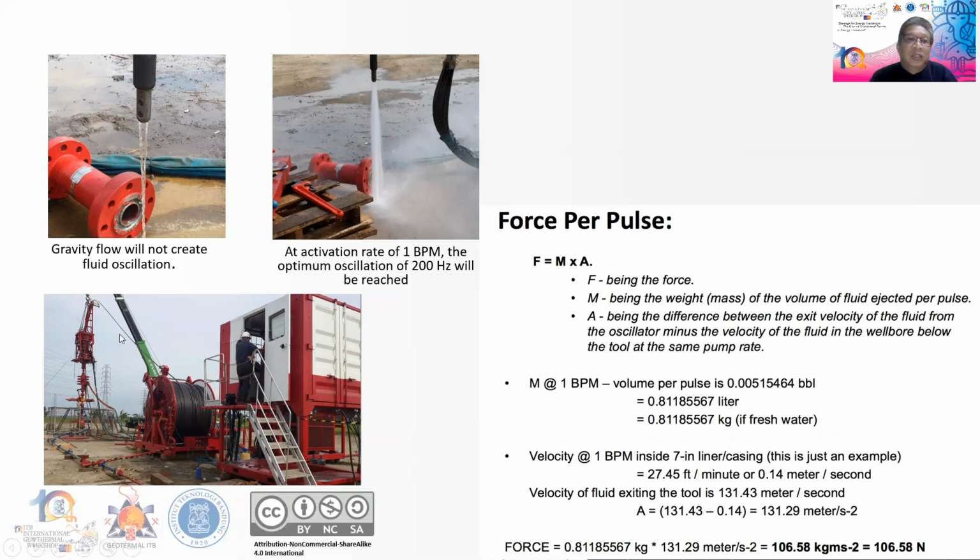This operation is using a coil tubing unit. So this is the calculation. It is simple. Once we pump 1 barrel per minute, it will create a force equal to 106 Newton. You can imagine that this power is very big.